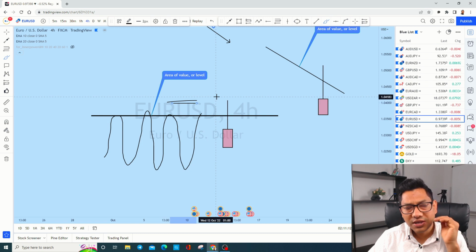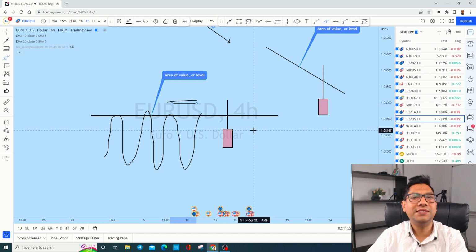All those people who sold and put their stop loss turn into buyers, and big boys are selling to them, and you can sell with the big boys, and that is how you can trade with the big boys.